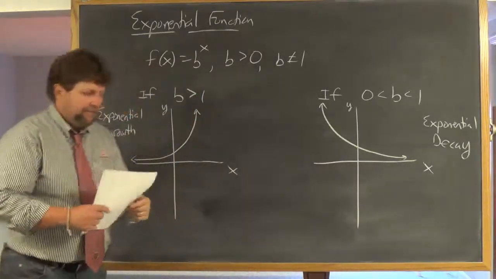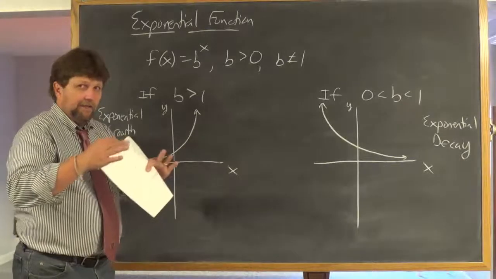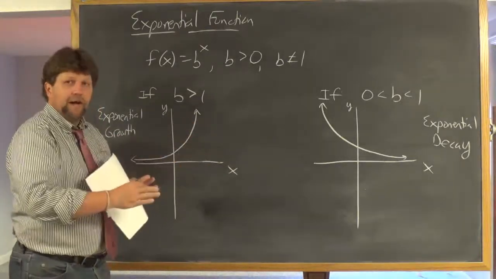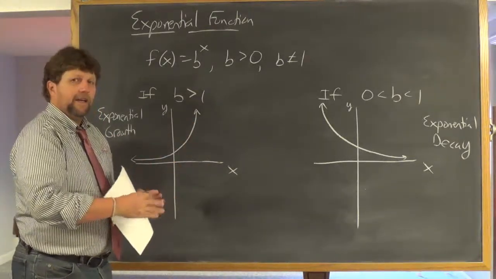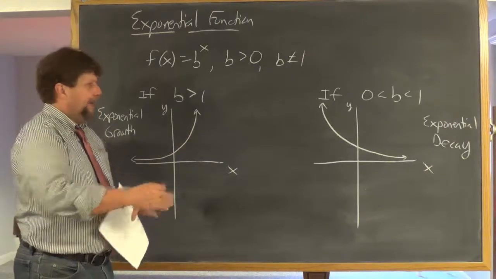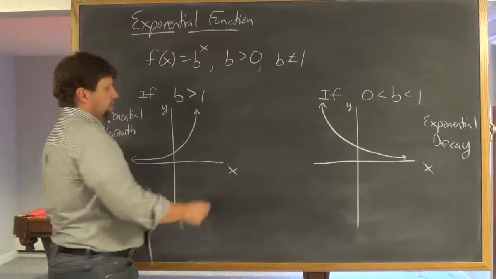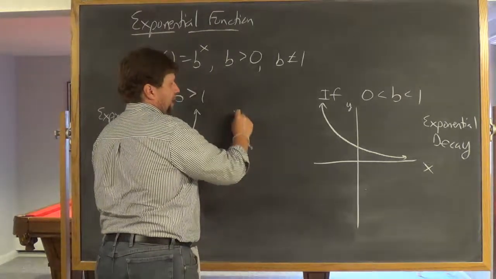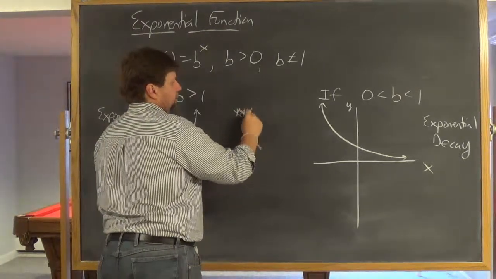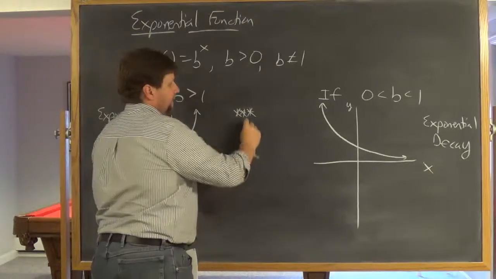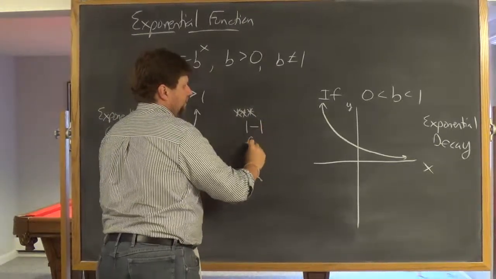One observation that I'd like you all to be aware of just by looking at the graphs. Right now I'd like you to note that exponential functions are one-to-one functions. So make that a little comment in here, a little 3-star comment. They are one-to-one functions.